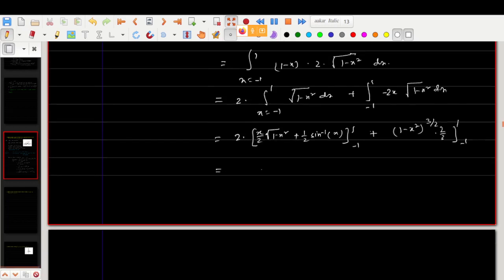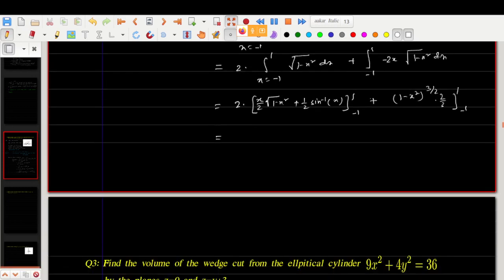And now if you put 1 and minus 1, this first term will vanish, and the second one will be pi by 2 minus minus, plus again pi by 2, right? And here also both terms will cancel out, and finally the answer comes out to be pi.